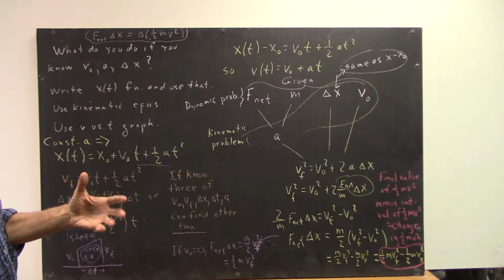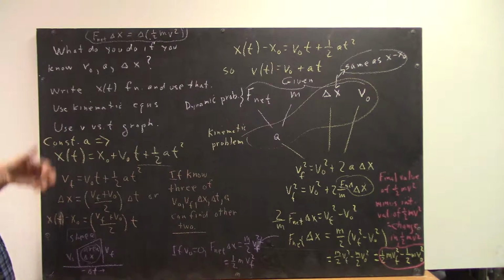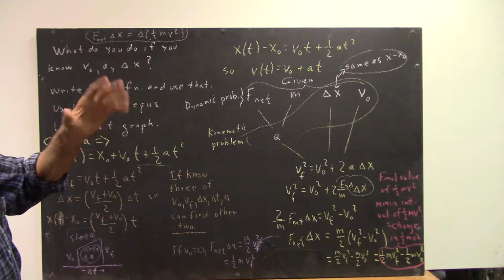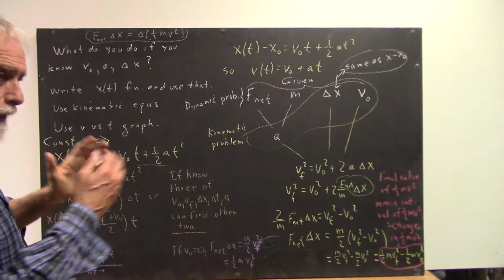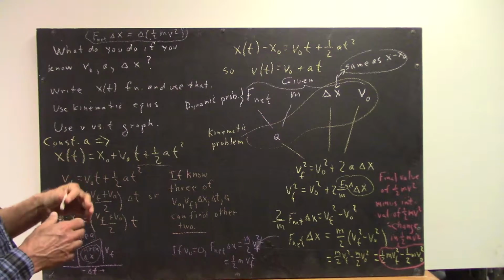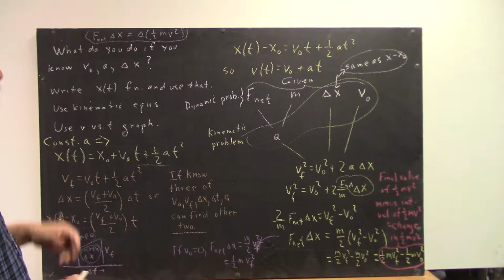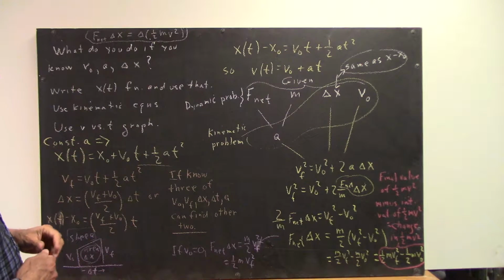And the key to the kinematic equations is basically there are 5 quantities. You have V0, initial velocity, which the book calls V0. You have Vf, the final velocity at the end of some interval, or the velocity V at time t. You have the change in time or the clock time t.